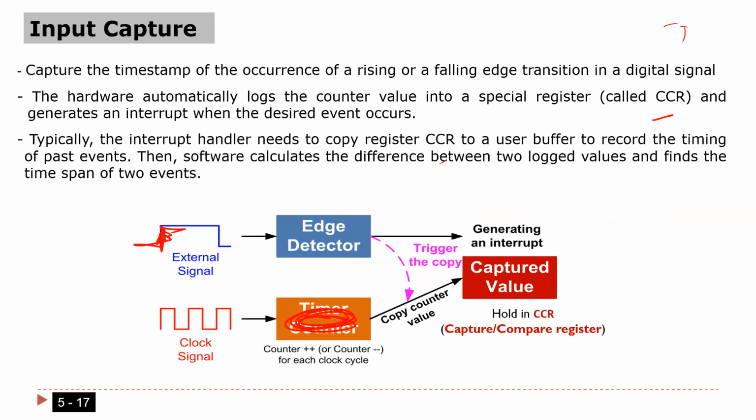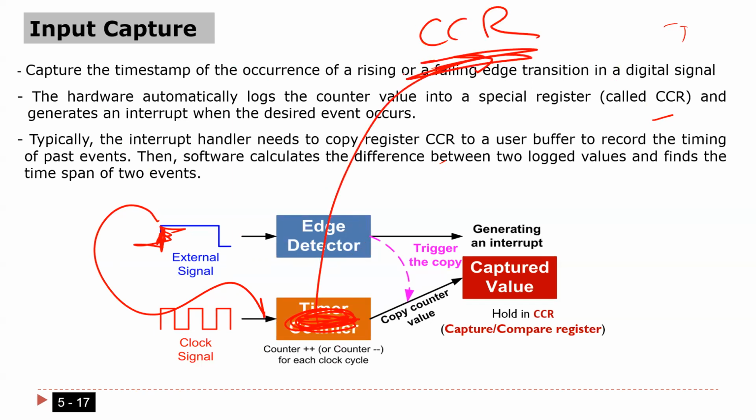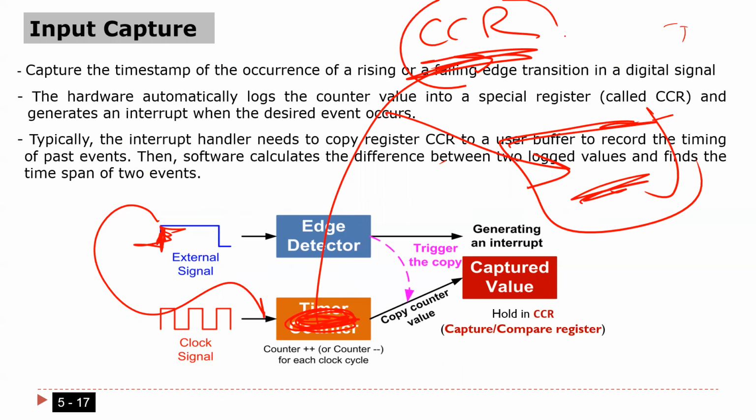It's like a timestamp. This is a timestamp for this edge. It is going to read this one and put it in the CCR. And then it's going to trigger an interrupt, so that in the interrupt subroutine, you have to take whatever is here and save it somewhere else. Okay.